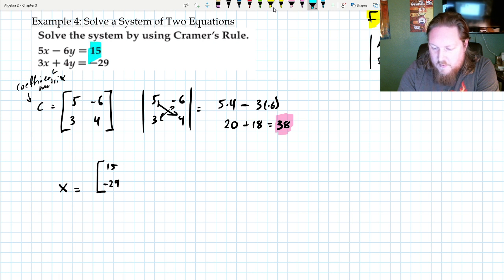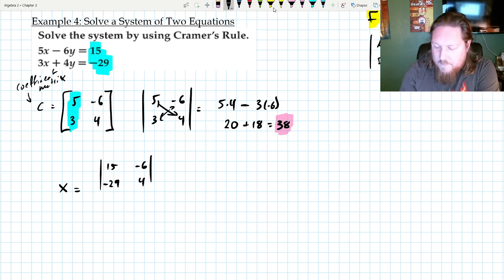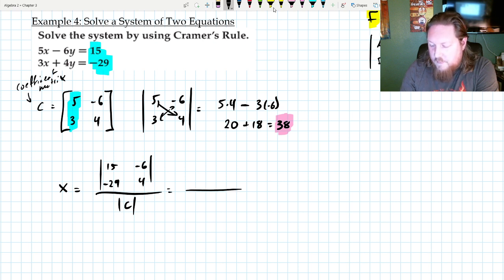So these two constants are replacing the two coefficients for the x's, but the coefficients for the y's stay the same, -6 and 4. I'm going to find the determinant of that matrix and divide it by the determinant of the coefficient matrix, which we already know is 38.